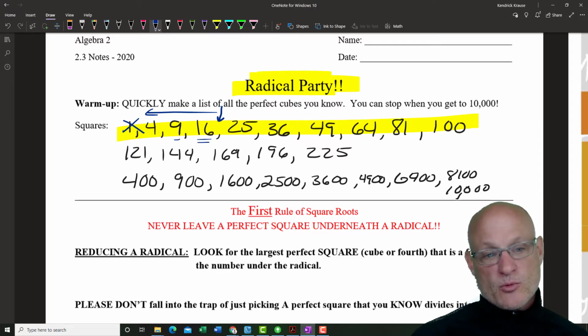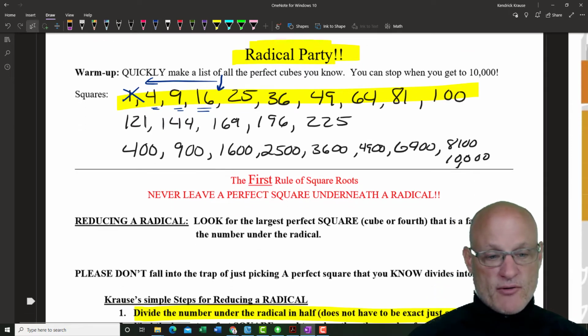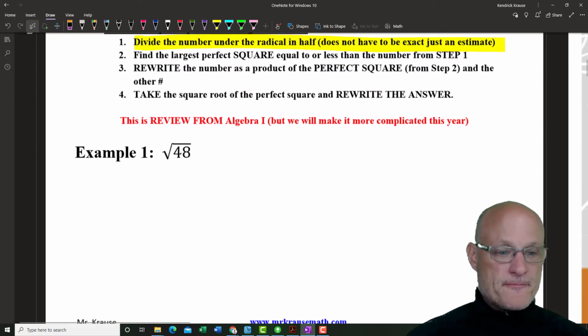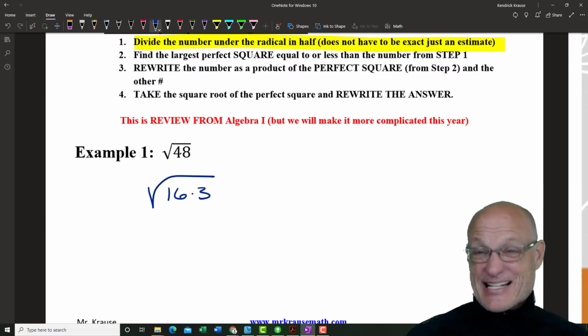If that doesn't work, we'll try 9. If that doesn't work, we'll try 4. Now I know 4 goes into it. I'm not sure about 9 or 16, so I could come over to the calculator, or I could just use my brain. And I know that this is really equal to the square root of 16 times 3, because 16 times 3 is 48.